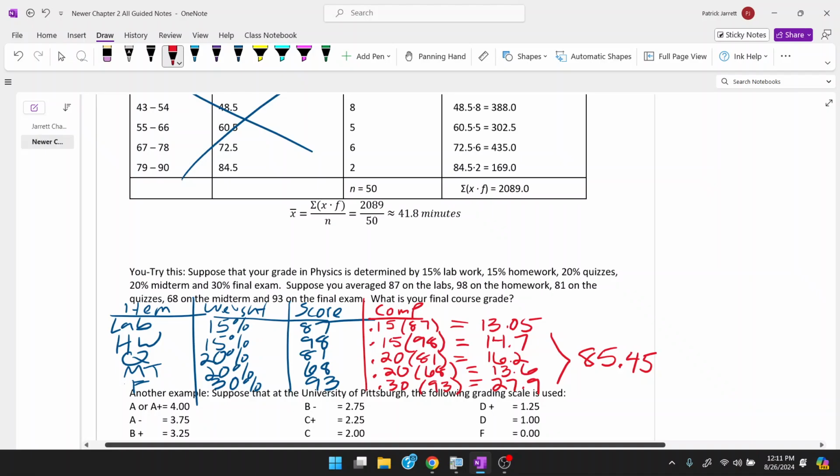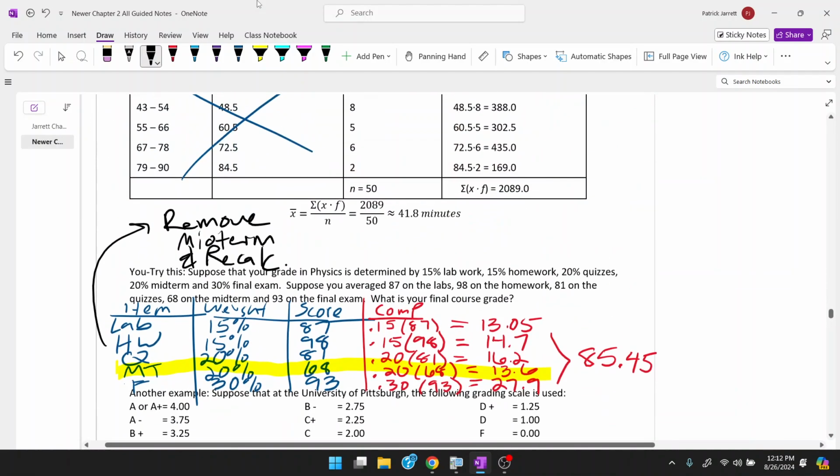Now, here's the thing. Something probably harmed your grade. And what would that have been? The midterm, namely. So, even though I didn't give you the room underneath it, I want you to remove the midterm and recalculate.